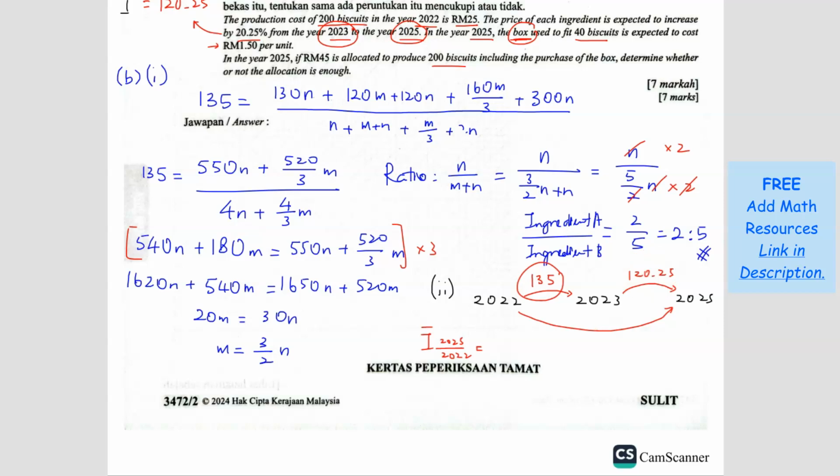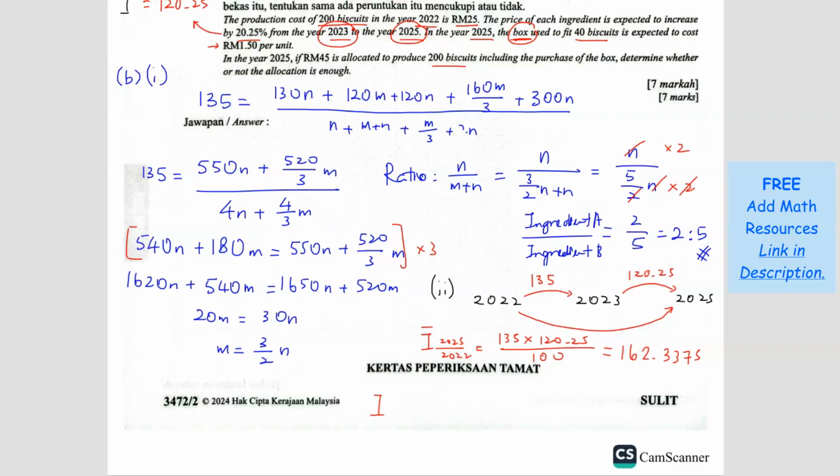So 135 times 120.25, divide by 100, you should get the answer for this part here, 2025 based on 2022. So you times this, you should get your answer, 162.3375. So this is the composite index for 2022 going to 2025. Clear? So with this information, we can now use this as the price index to find the cost.